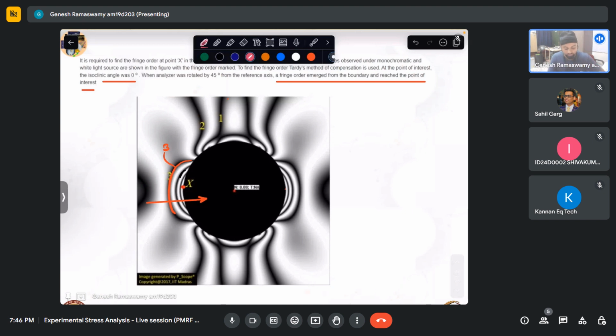So the idea why this is important is so that we understand how the methods have evolved. Now there are methods like three fringe photoelasticity, TFP, or total fringe order photoelasticity, however you call it. That basically gives you the fringe order at every point in the domain by color matching.